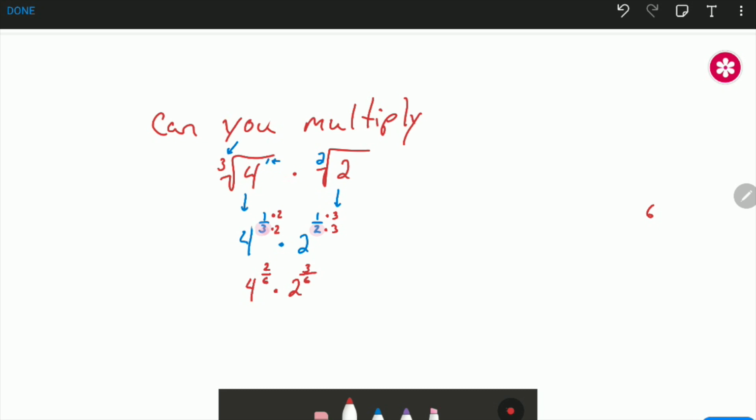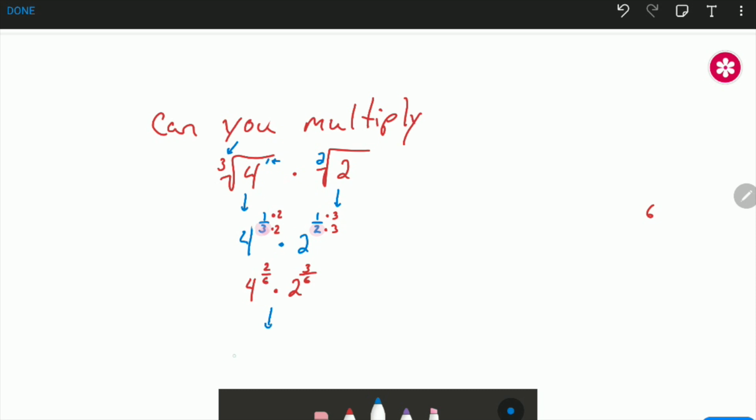Now there's a number of ways I can approach this from here. I think I'm going to look at it in terms of the radical form, just because I'm really emphasizing the fact that you can actually multiply these radicals. So I'm going to go ahead and turn it back into the radical form, which is not actually necessary. I'm just doing it to emphasize this point. There are other approaches.